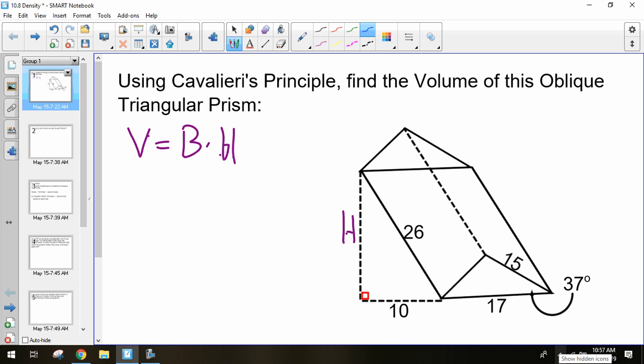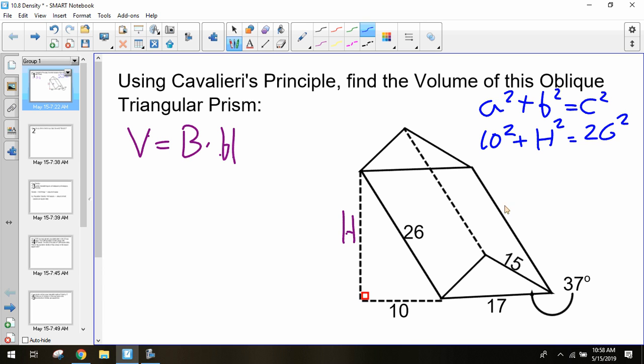We have one leg of 10. We have our lateral edge of our prism to be 26. So we can solve for that vertical height using a squared plus b squared equals c squared. That's 10 squared plus h squared, which we don't know, equals 26 squared. That's 100 plus h squared equals 676.